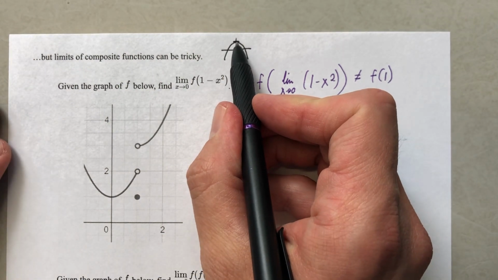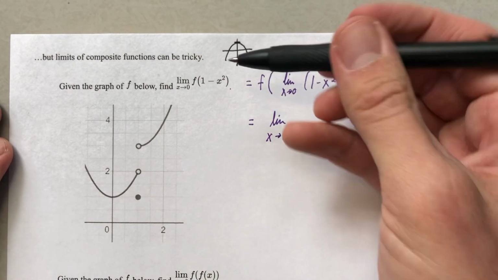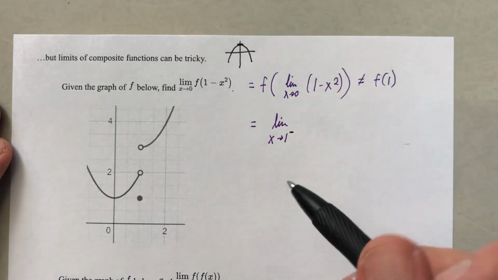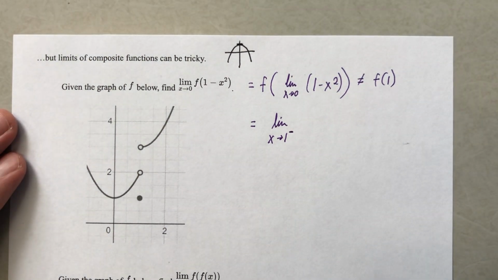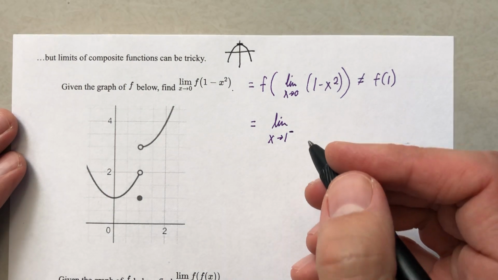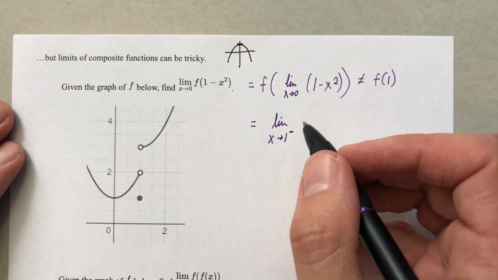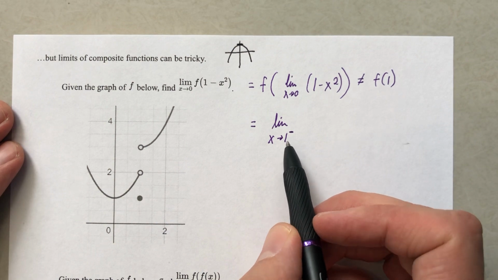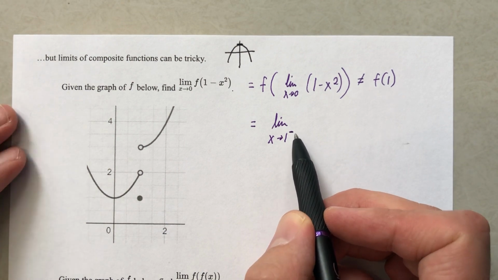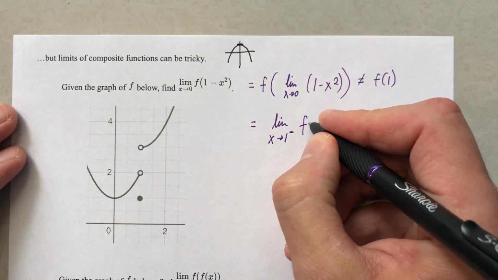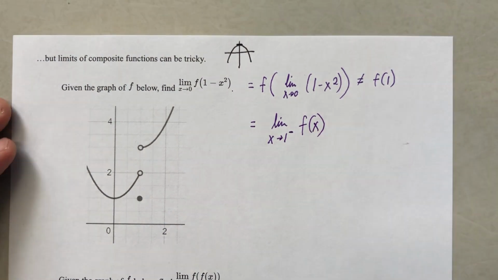We got the answer of 1 by approaching it from numbers that were less than the y value of 1. Now we're going to figure out what we get as we approach an x value of 1 from numbers a little bit less than 1. That's what this little negative is for.